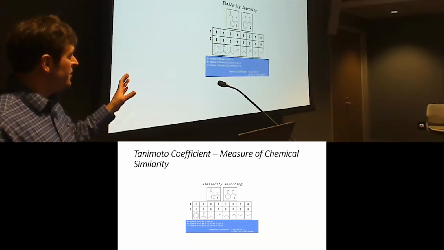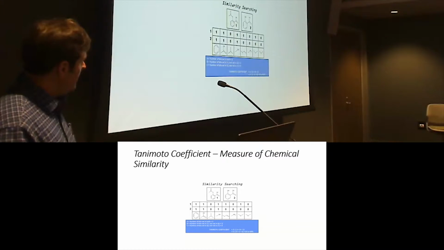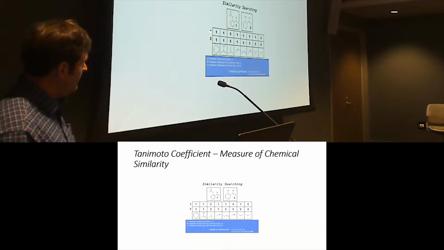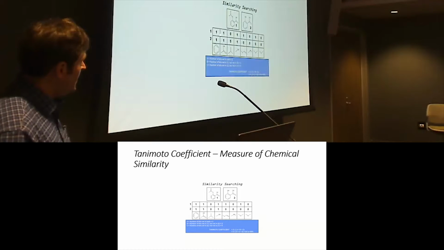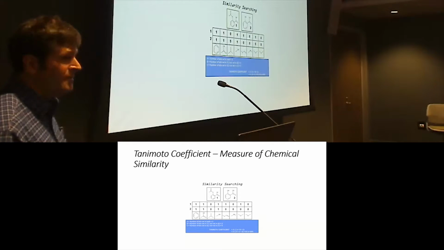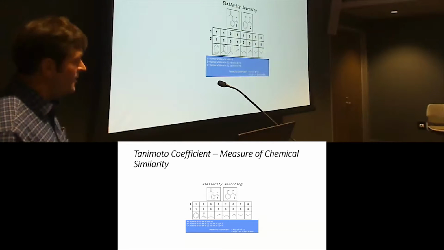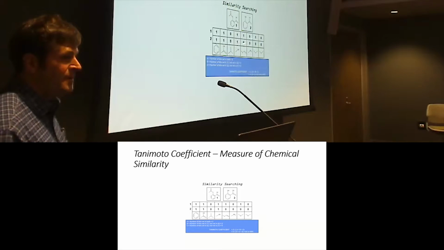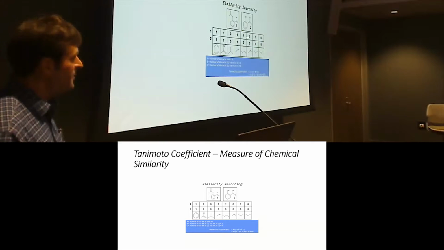So if number one is one small molecule and number two is another, then if there are ones in both, it's in the intersection. If there are two zeros, it's in the intersection. If it's a 0 and a 1, it's not, so they're different and so forth. With that, we can get a score, and you can see how similar those two molecules are.